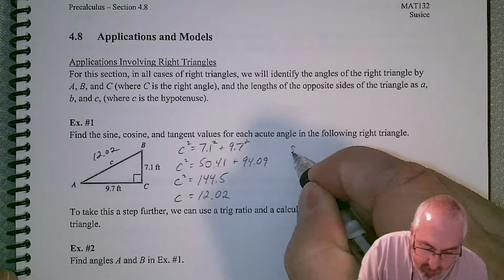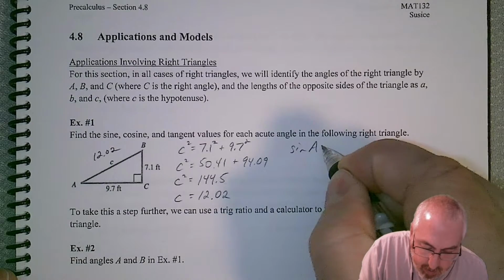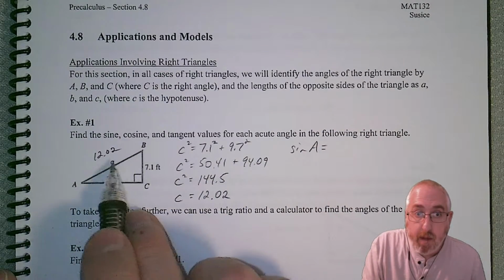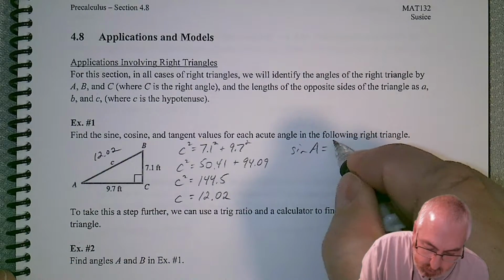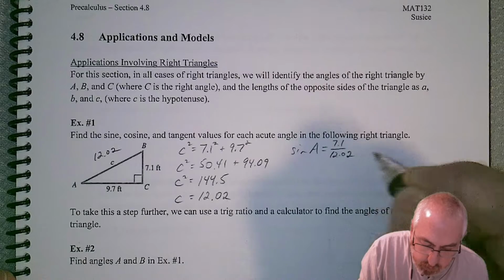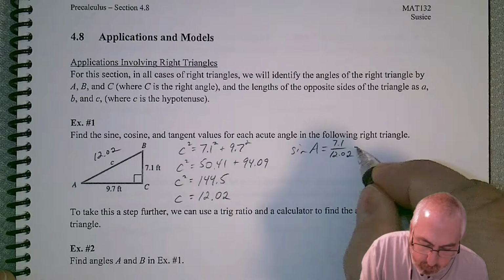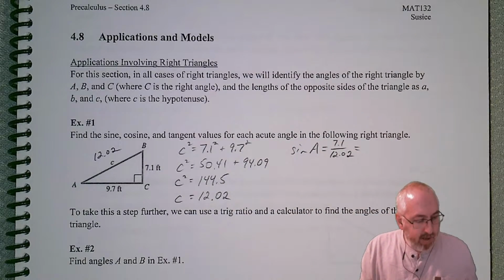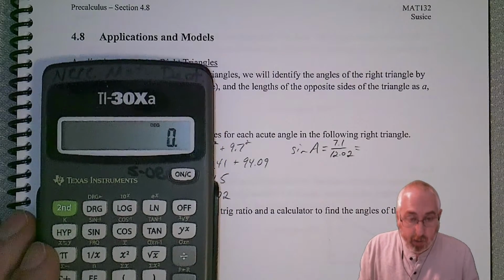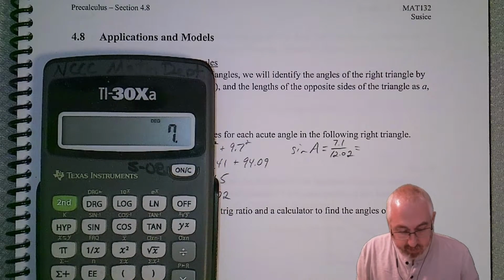So we're going to want the sine of A. So the sine of A should be the opposite over the hypotenuse. So 7.1 over 12.02. Now we can get the decimal value of that. And as far as the number of decimal places, again, we want to be careful to have enough.